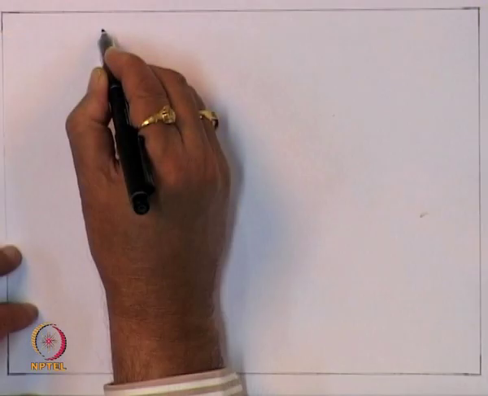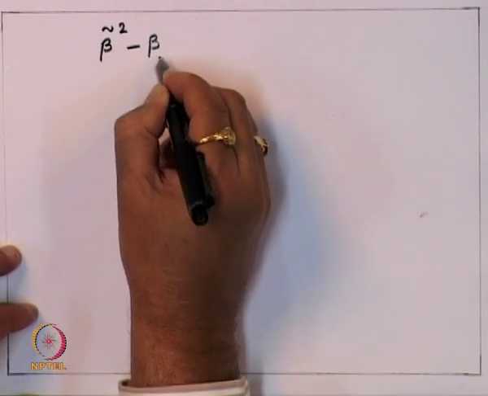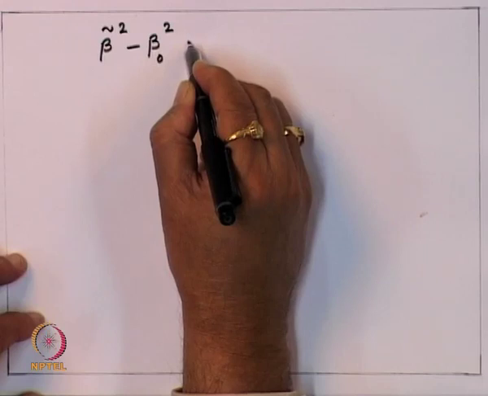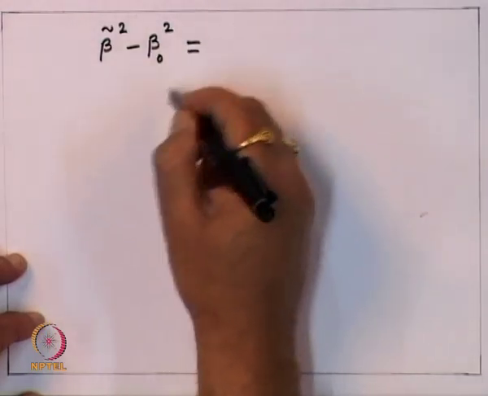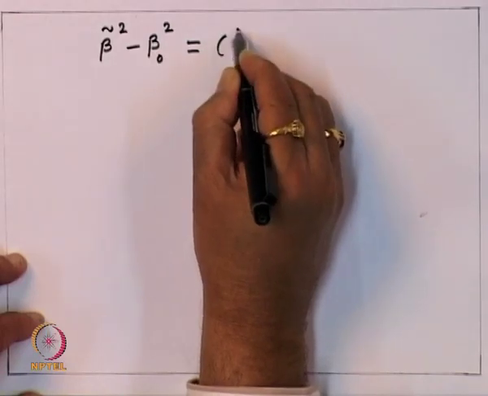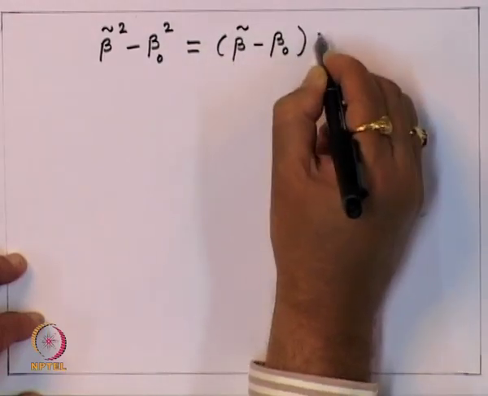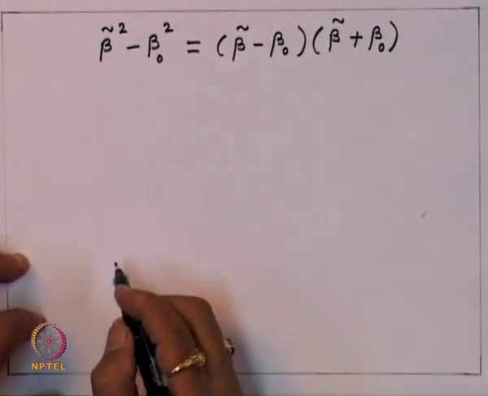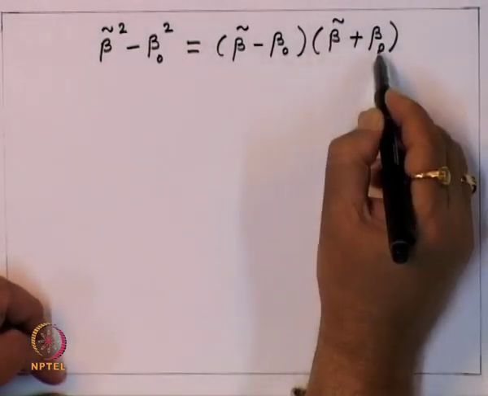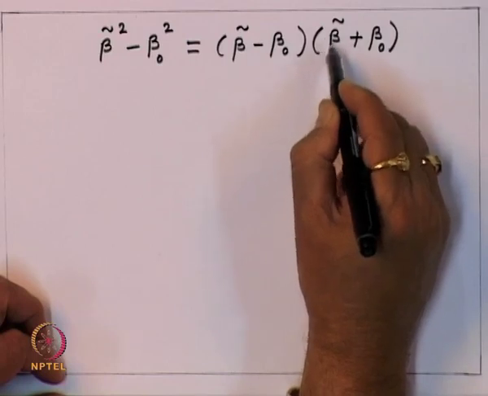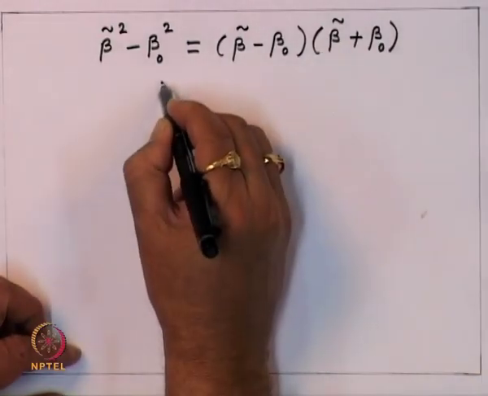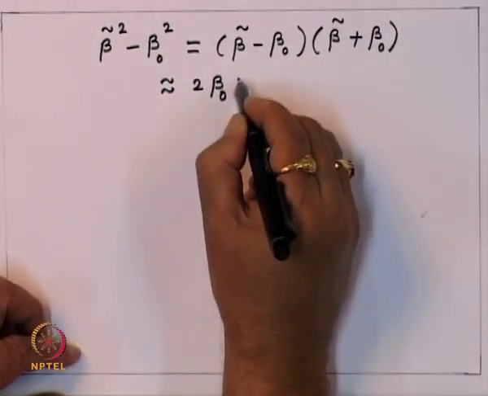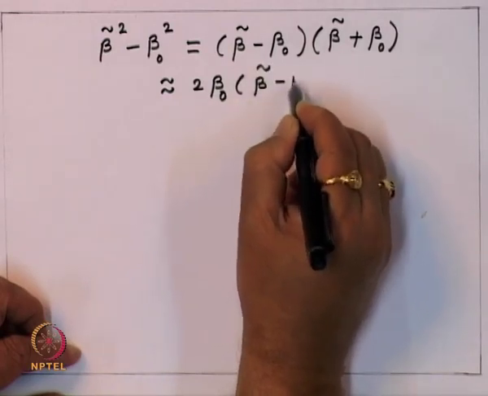So, one may say that beta tilde square minus beta naught square is, let us first not make an approximation, beta tilde minus beta naught times beta tilde plus beta naught. And since this beta tilde is very close to beta naught, we can say that this quantity is almost the same as beta naught. So, we can say that this is approximately equal to 2 times beta naught times beta tilde minus beta naught.